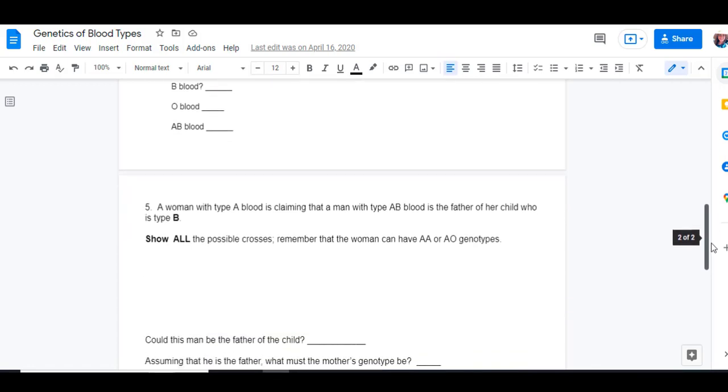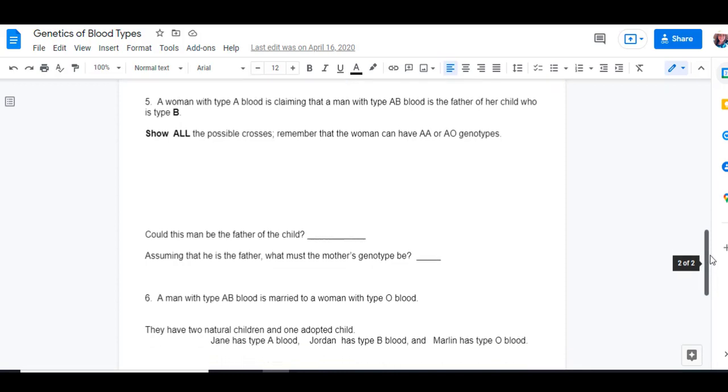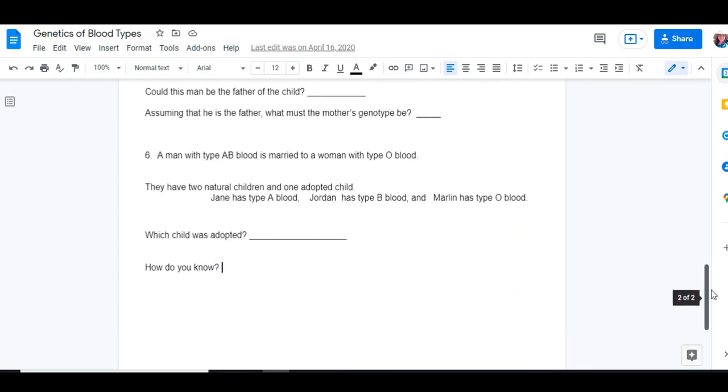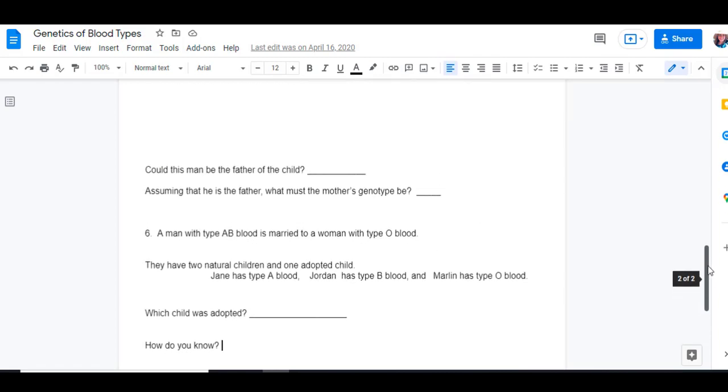So you're putting those in the Punnett square and analyzing the genotypes and phenotypes. In number 5, you'll need to do 2. And in number 6, those parents only have one genotype that goes with their phenotype.